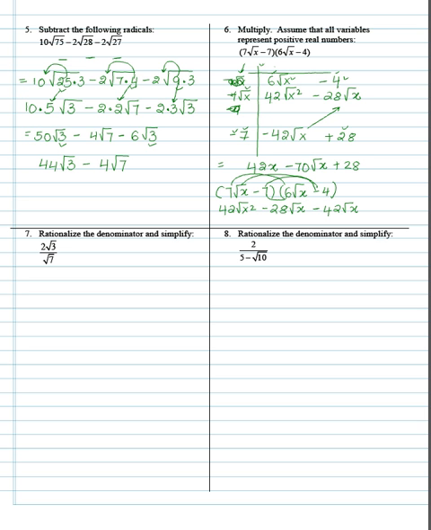Negative 7 times negative 4, positive 28. When I combine, I get 42x minus 70 radical x plus 28. Either way works. When you write it down as a table, I know that I will not make a mistake, but this might be confusing to some of you, so you can go ahead and do it the traditional way. It's math. We can do it as many ways as possible.